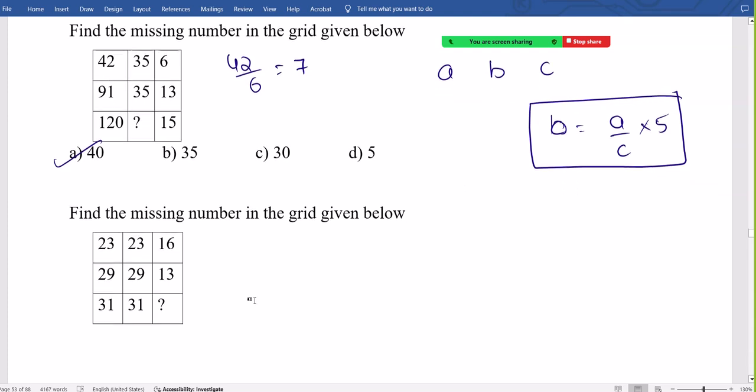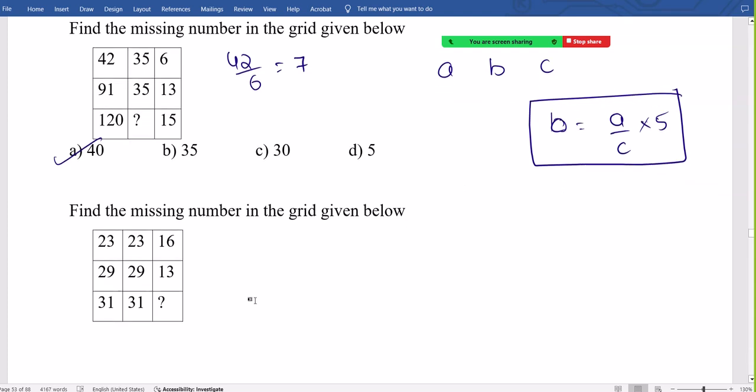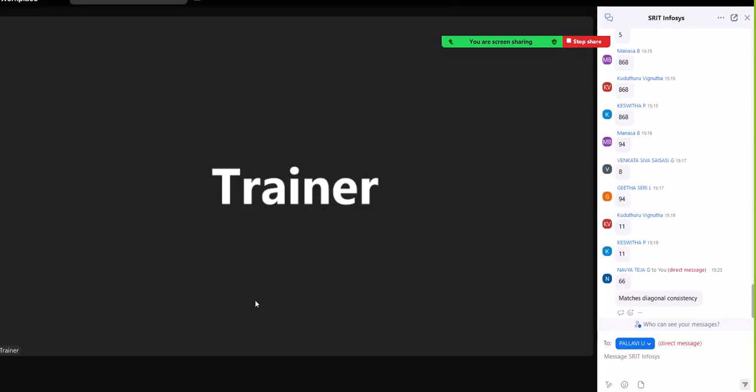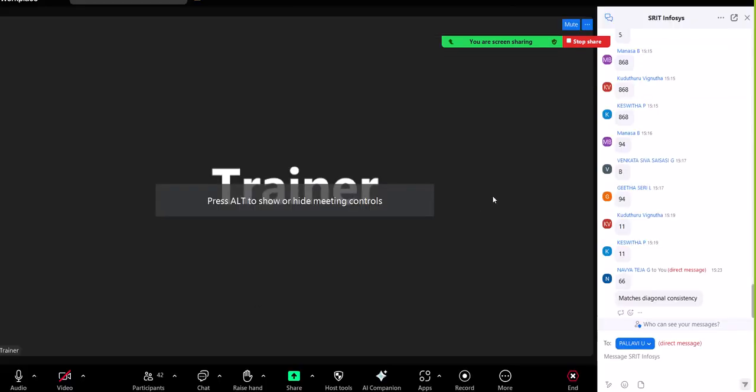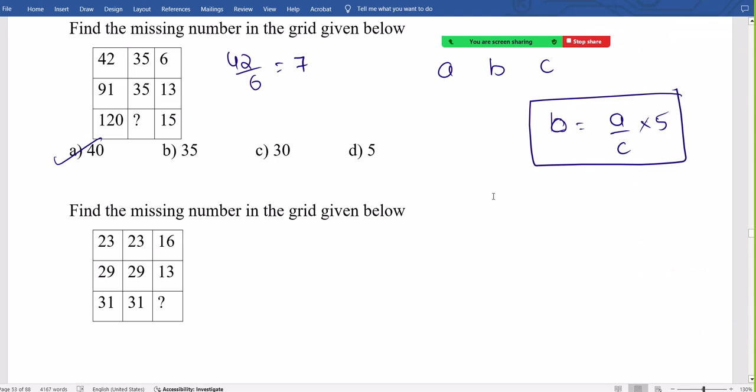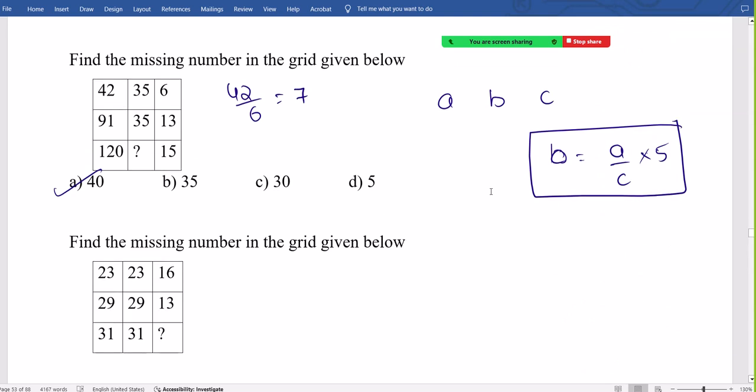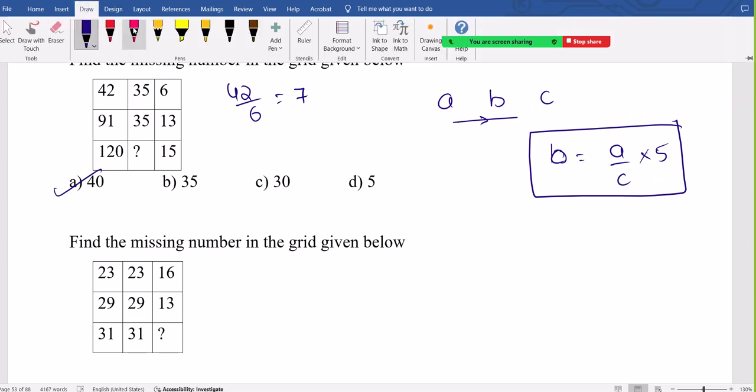See the next one. Options are not given, but have a look. Don't say 10. Some are increasing, some are decreasing; 10 is not correct there. 23, 23, 16; 29, 29, 13; 31, 31. What is next?